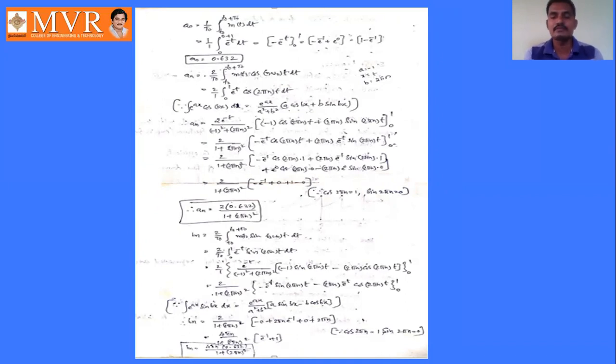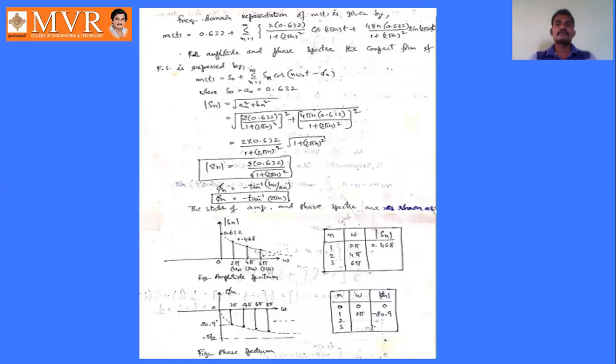After that, we will substitute these values in the expression of m of t. m of t equal to a naught plus sigma n equal to 1 to infinity an cos n omega naught t plus bn sin n omega naught t. Okay, and these can be replaced by its polar form.